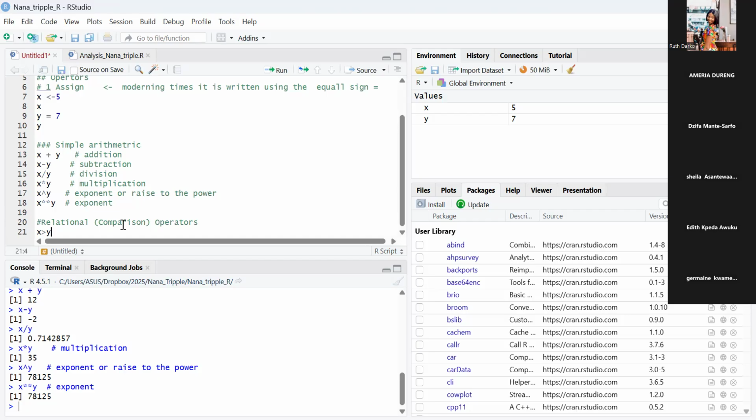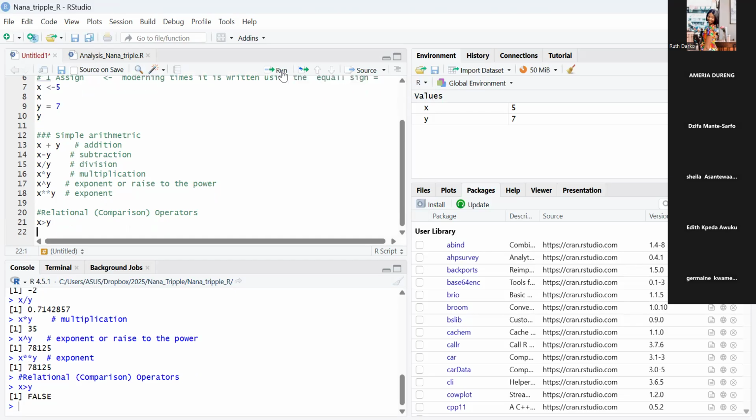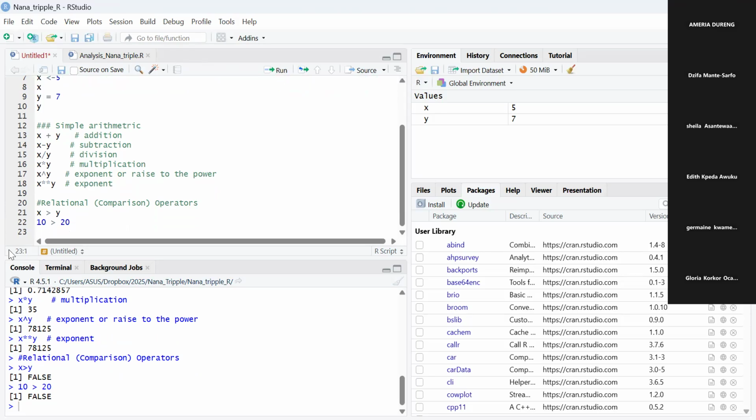No, please. If I run it, I expect the answer to be false. If I say 10 is greater than 90, is it true? False. So let's find out from R whether it is right or not. R says it's false.